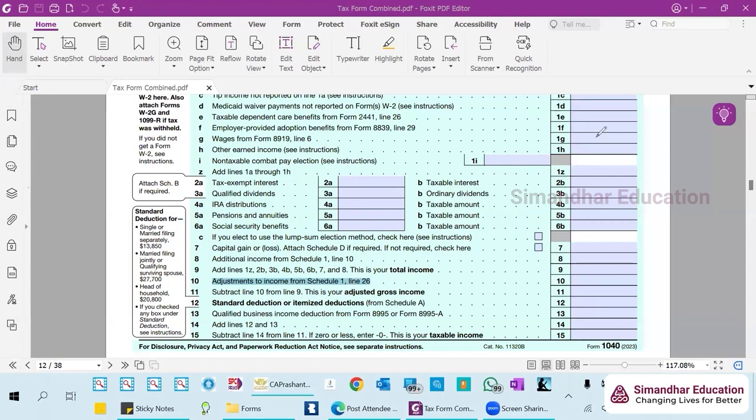The formula would be, actually, the 1040 is all about the individual's tax payment.